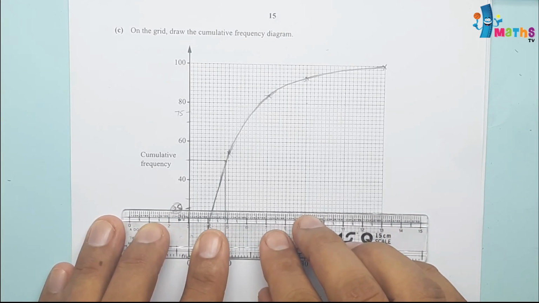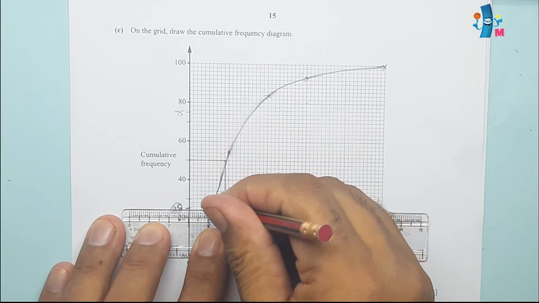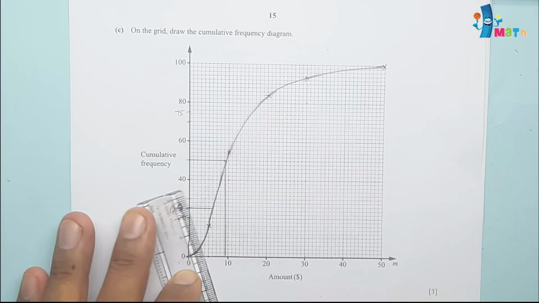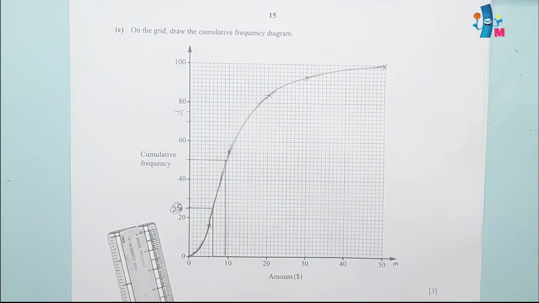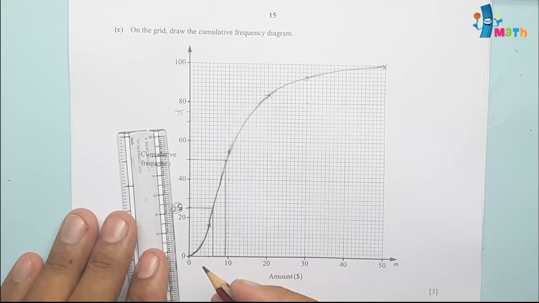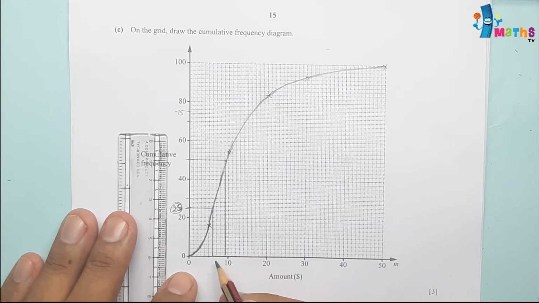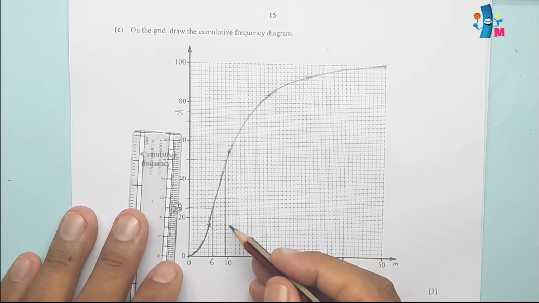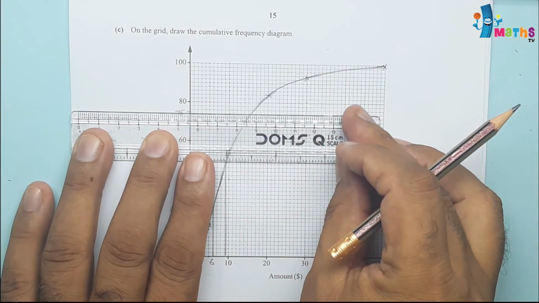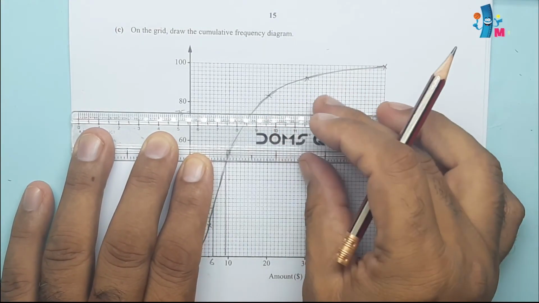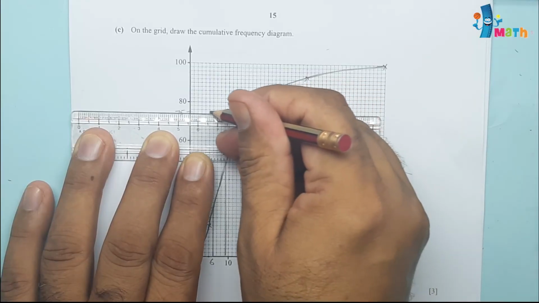25th percentile is in between this one, so this line, and reference will be this side, and this value is 1, 2, 3, 4, 5, 6, or you can write here 6. Then for the 75th percentile we'll be checking reference from here.